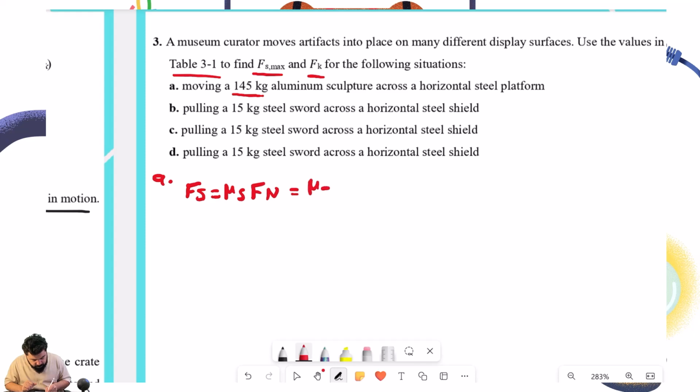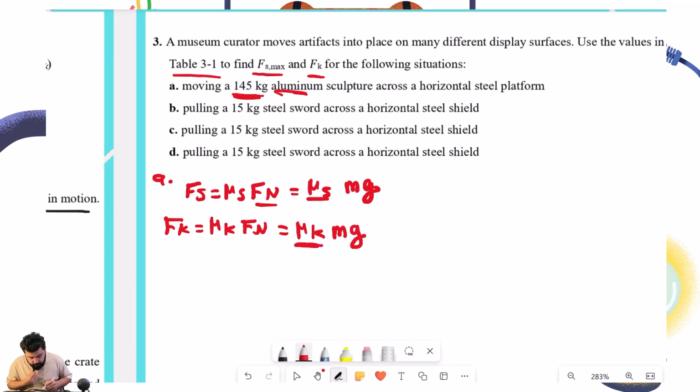I have mu s, go back to the table, and Fn becomes mg, because I have mass. And for Fk, it is equal to mu k multiplied by Fn. I don't have Fn, so it's going to be mg. Go back to the table and find mu s and mu k for aluminum.